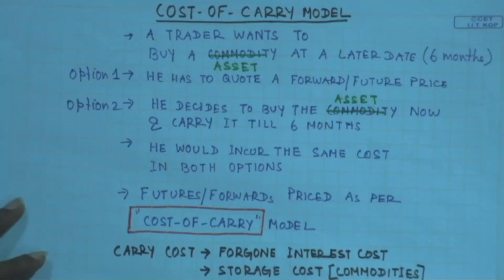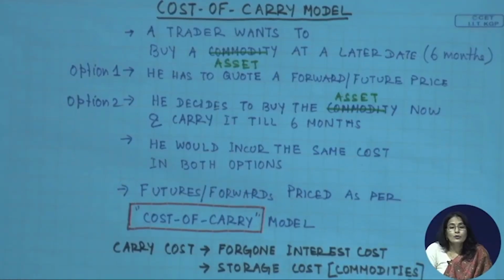So this cost of carry model proposes that a forward or futures contract is going to be priced based on the cost of carry model. So what is the carrying cost? Carrying cost is the cost of buying the commodity and holding it till the maturity, or the 6 months in this case.